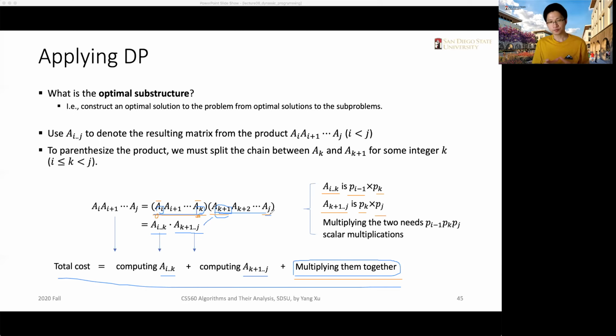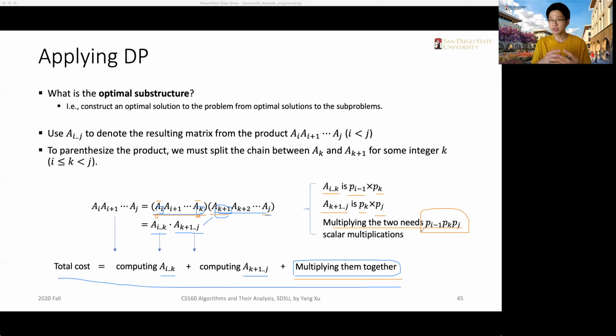Okay, so we know the dimensions for these two matrices, and so we know the cost of multiplying the two matrices is p_{i-1} times p_k times p_j.